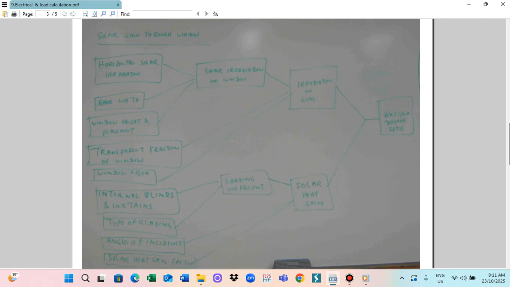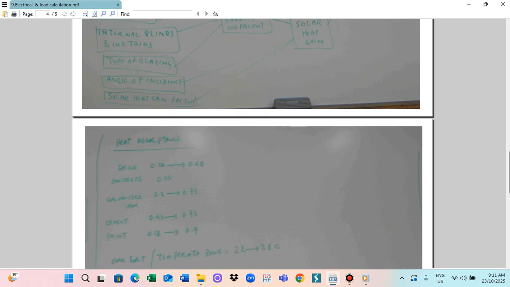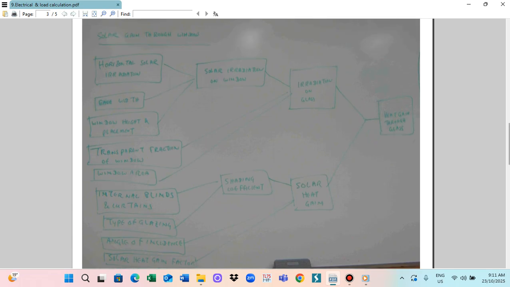Now I give you the flow chart to calculate the heat transfer through the glazing. Can you calculate it? Solar irradiation: normally there is a direct impact due to the horizontal solar irradiation.